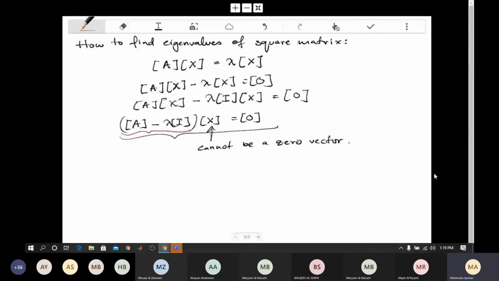So we'll get here A minus lambda I inverse times the matrix A minus lambda I times x.